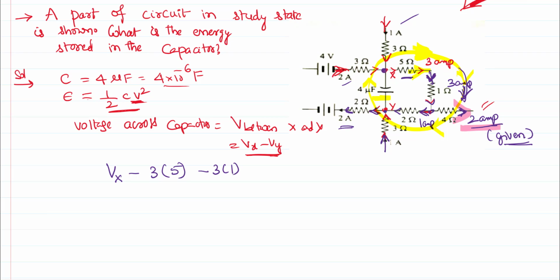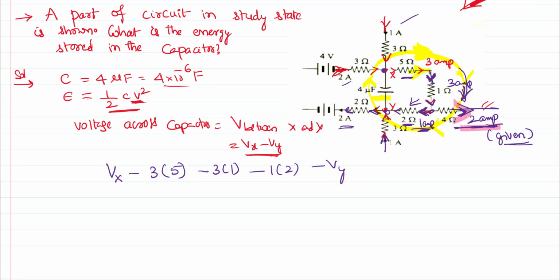Then let's come to this part. Out of that 3, 2 amperes has gone this way, so the current coming here is only 1 ampere, minus 1 into 2, and this point minus Vy. This total potential difference is carried across the capacitor itself.